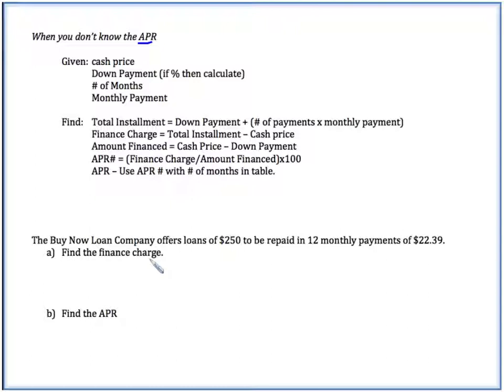So when we look at this, we know we got a loan for $250, and we're just going to call that your amount financed. So no down payment in this case. Now we're also making 12 payments of $22.39. So we're making 12 times 22.39, and that's going to be our total installment here.